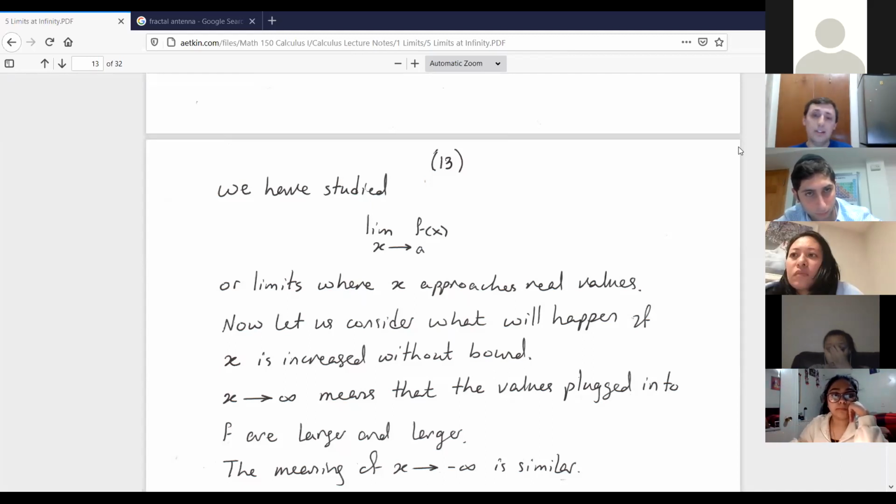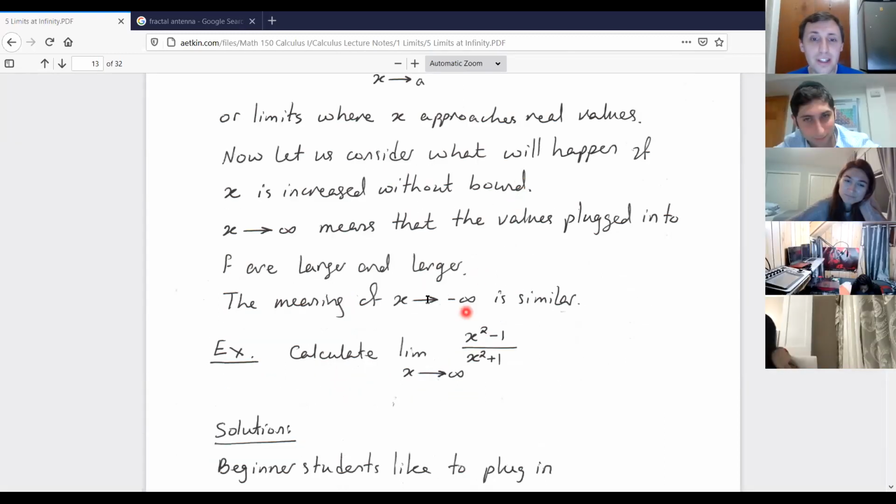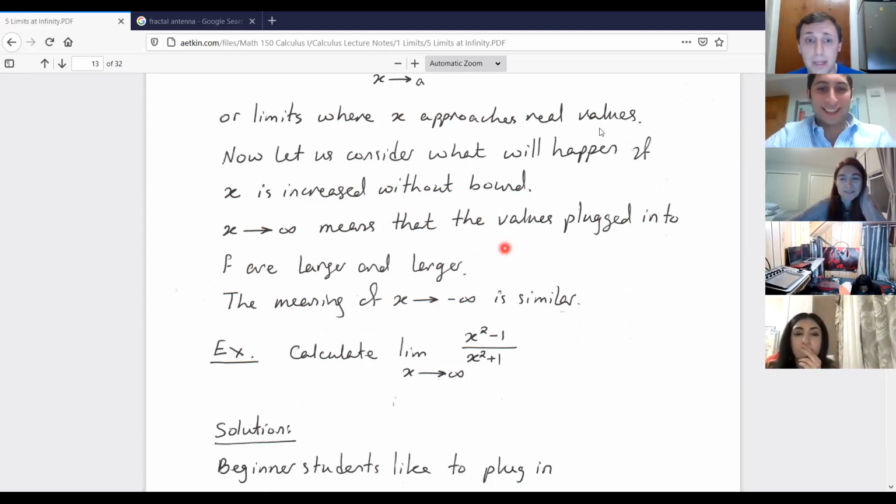What do I plug into the function if I take the limit to infinity? Wonderful, Erin, very good. I plug in big numbers. Don't you see that, guys? Big numbers. And if I take the limit to minus infinity, I plug in big numbers with a very negative sign.